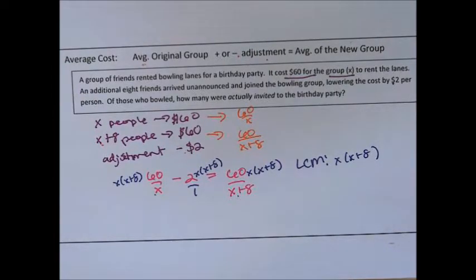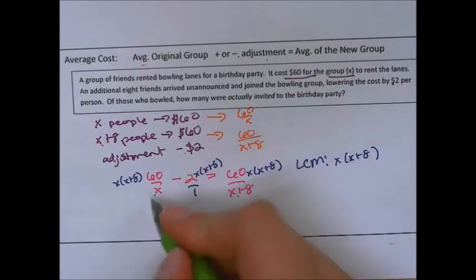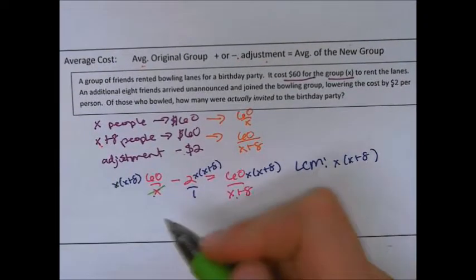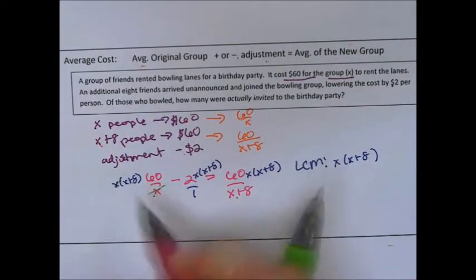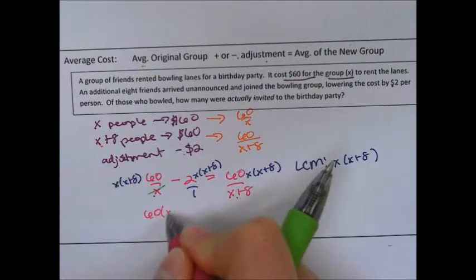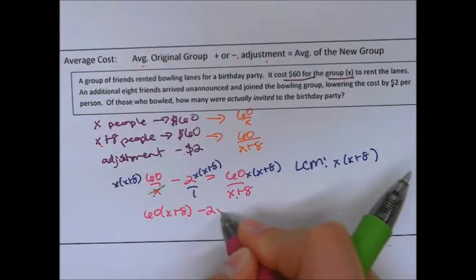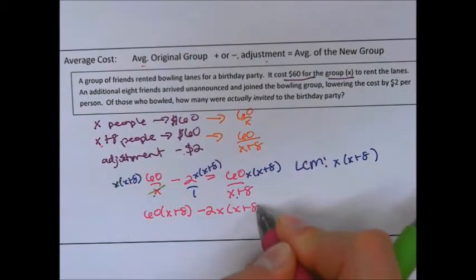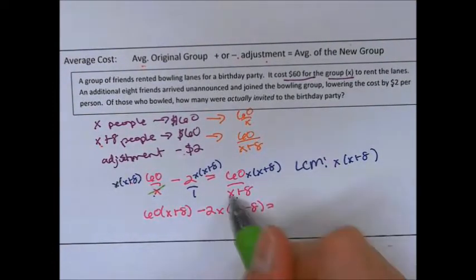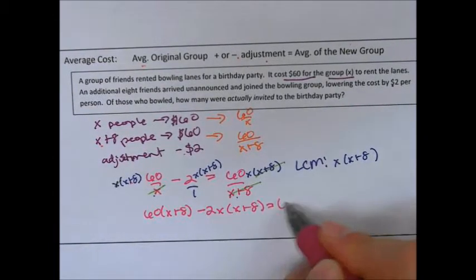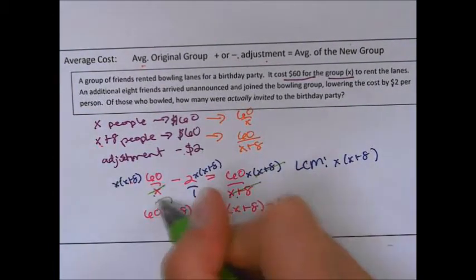Now that you've had time, here the X's cross out. So I get 60 times X plus 8. Nothing crosses out here, so I get minus 2X times X plus 8 equals, the X plus 8 crosses out, so I get 60X. So now we're going to distribute.